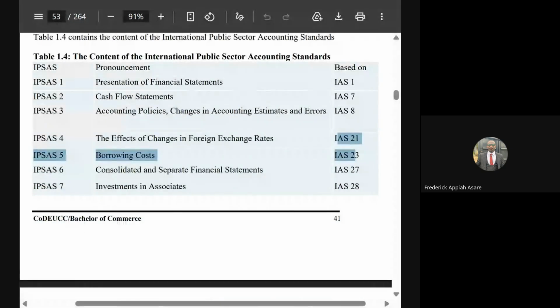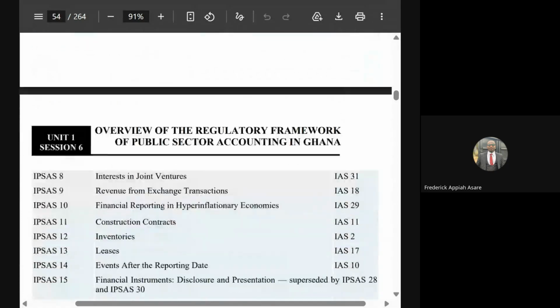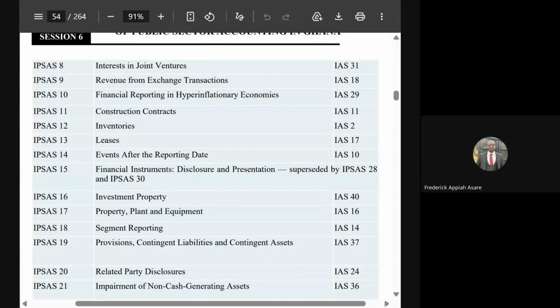IPSAS 5 talks about borrowing costs, here is IAS 23. IPSAS 6 talks about consolidated and separate financial statements, here is IAS 27. IPSAS 7 talks about investments in associates, here is IAS 28. IPSAS 8, interest in joint ventures, here is IAS 31. IPSAS 9 is revenue from exchange transactions.